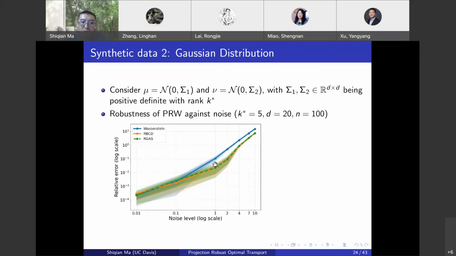We can see that when the noise level is large, the green one and the orange one have errors much smaller than the blue one. The blue one is the Wasserstein distance, and the orange one and the green one are the projection robust Wasserstein distance. So using this figure, we show that the projection robust Wasserstein distance is indeed more robust to the noise.